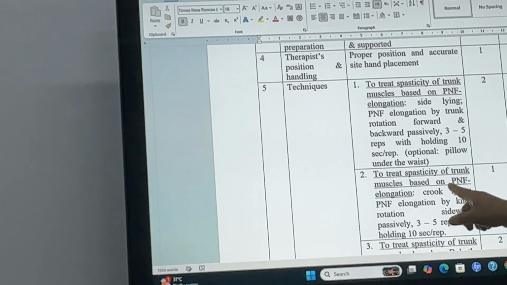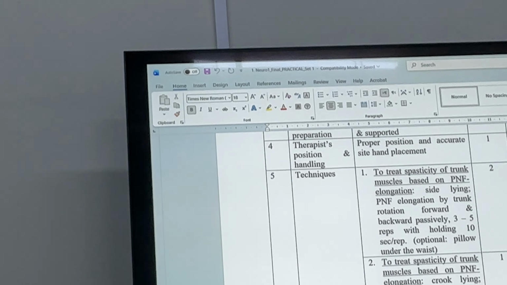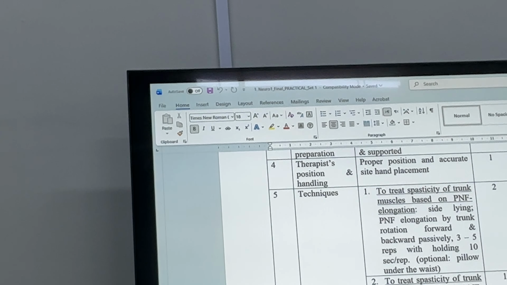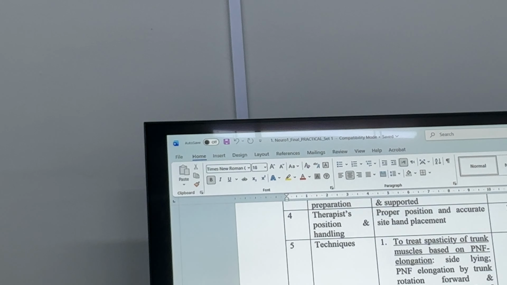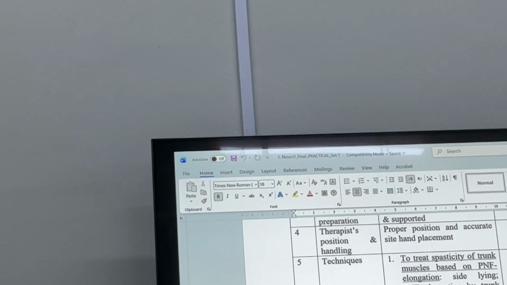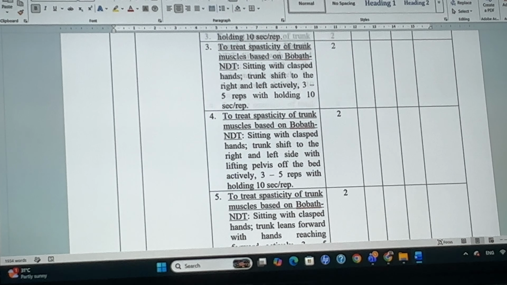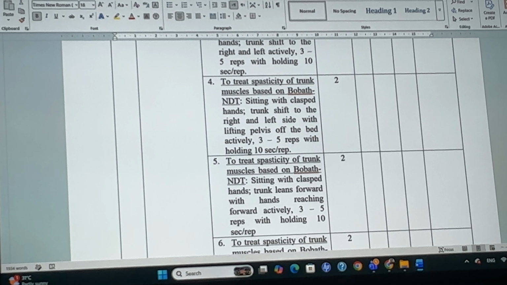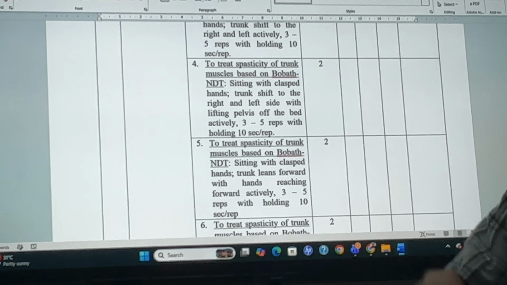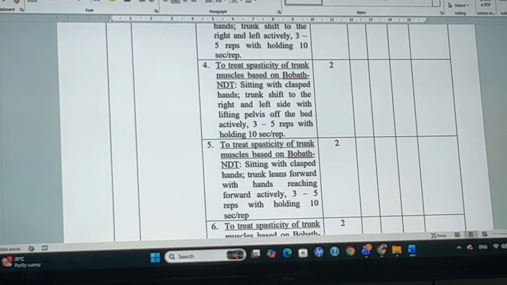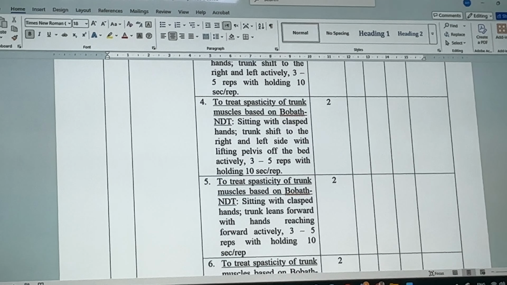Crook lying. Do you know what crook lying is? Last time we practiced. Supine lying with the hip and knee bent. So if you want to reduce the spasticity using Bobath, sit with clasped hands and shift the trunk to the right and left, like this.